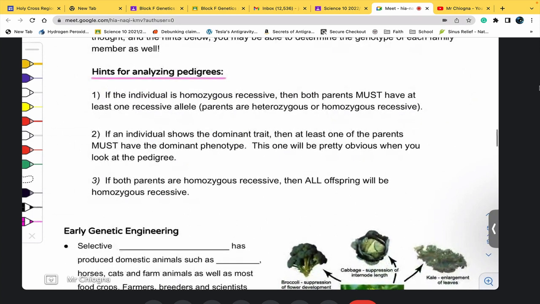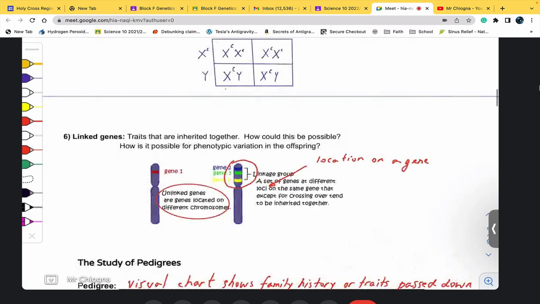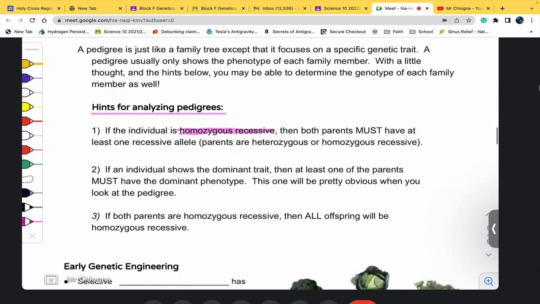So, if the individual is homozygous recessive, then both parents must have at least one recessive allele.